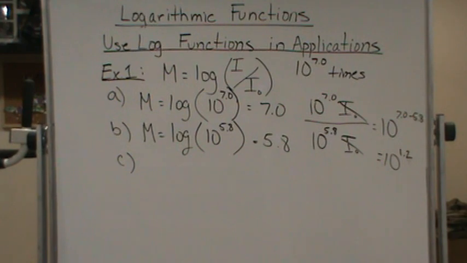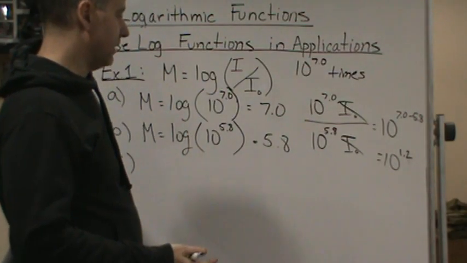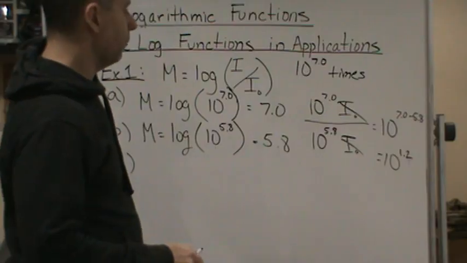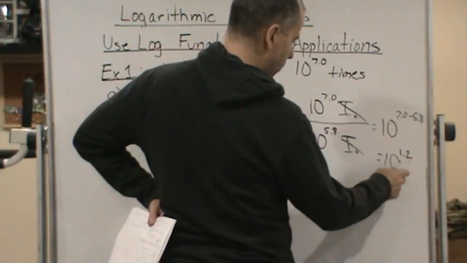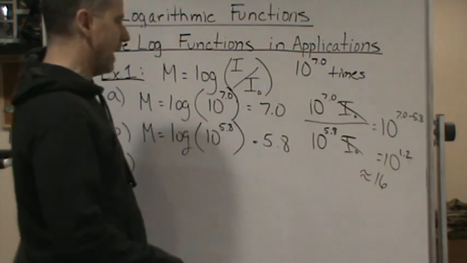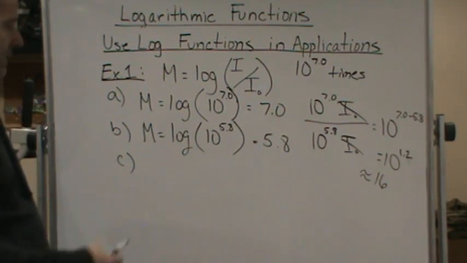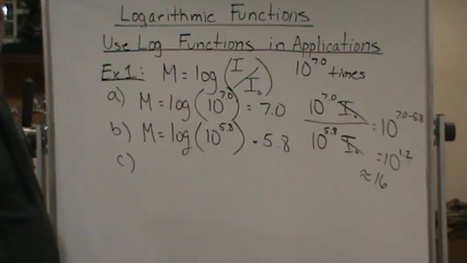That means the earthquake in Haiti was 10 to the 1.2 times more intense than the earthquake near Washington, D.C. If we put this in our calculator, this is approximately 16 times. So we would say that the earthquake in Haiti was 16 times more intense than the earthquake that hit near Washington, D.C.